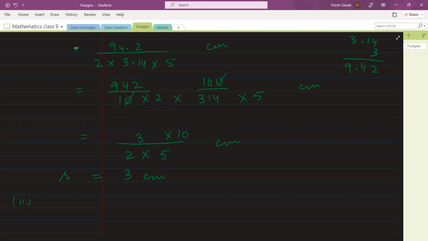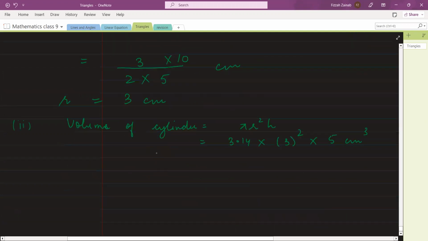Now second part, you have to find the volume of the cylinder, which is pi r square h. So pi you have to use as 3.14 in this question. Radius is 3, square. And how much is height? It was 5 centimeter, cube. Okay. Now please simplify this.